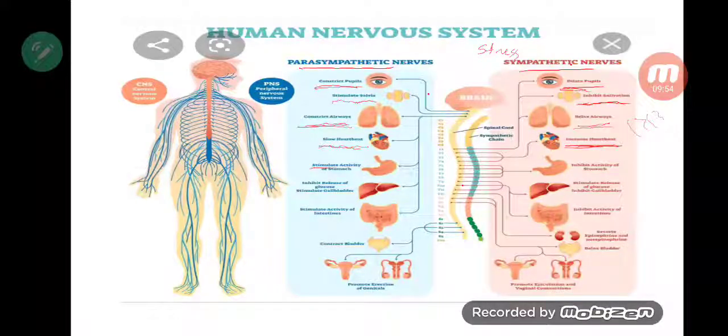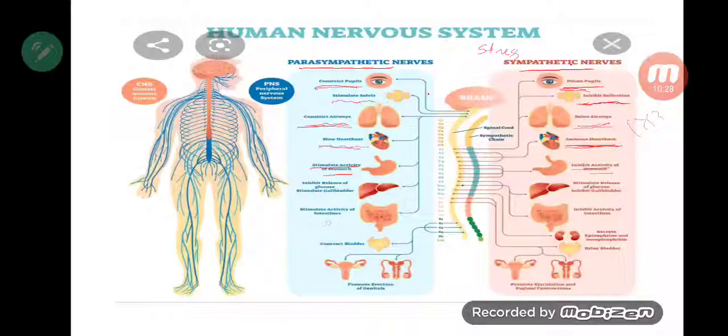Parasympathetic stimulates the activity of the stomach, and the sympathetic inhibits the activity of the stomach. Parasympathetic inhibits the release of glucose and stimulates the gallbladder, and the sympathetic stimulates the release of glucose and inhibits the gallbladder.